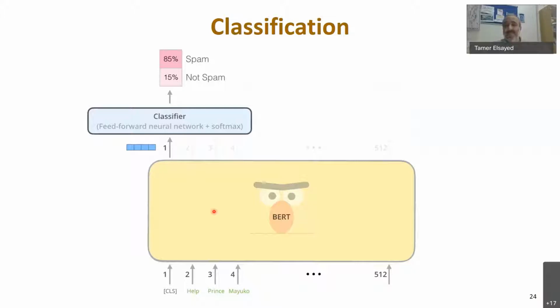Now, given that, you can do whatever you want with it. You can do retrieval, you can do classification, use it as you wish as an embedding for the entire sentence, and you can also get the embeddings for each term. And of course, these embeddings are contextual embeddings because they depend on the entire sentence.